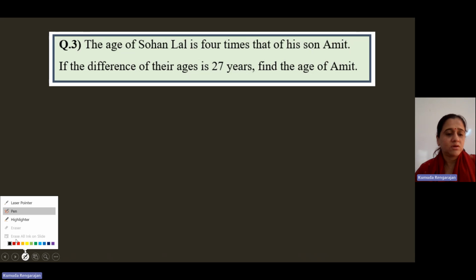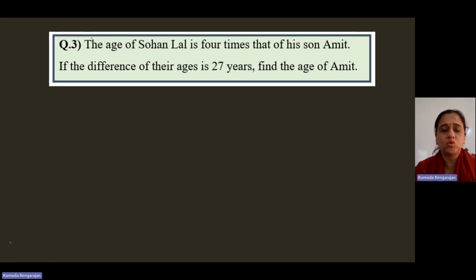So we divide the question into two parts like this. The age of Sohan Lal is 4 times that of his son Amit: this is for assuming. If the difference of their ages is 27 years: this is for constructing the equation.